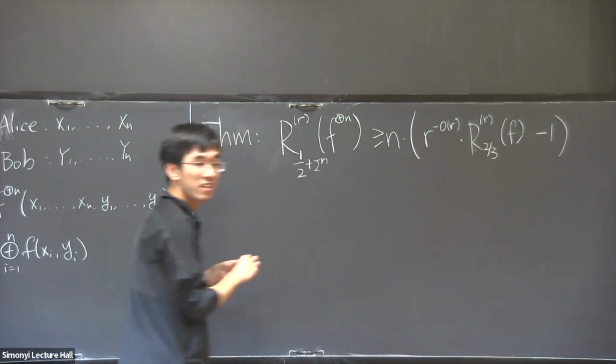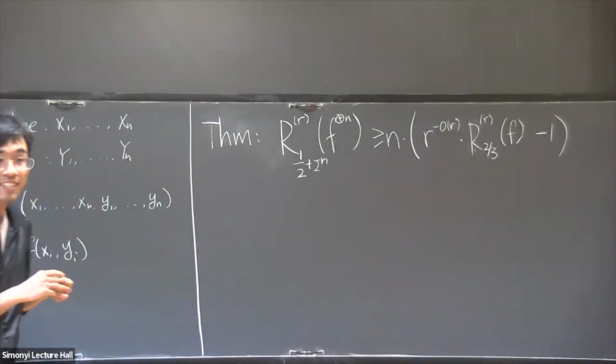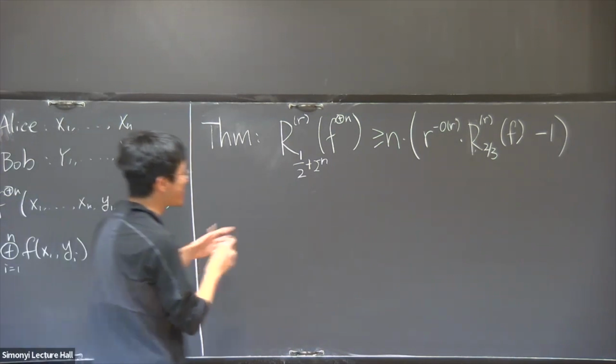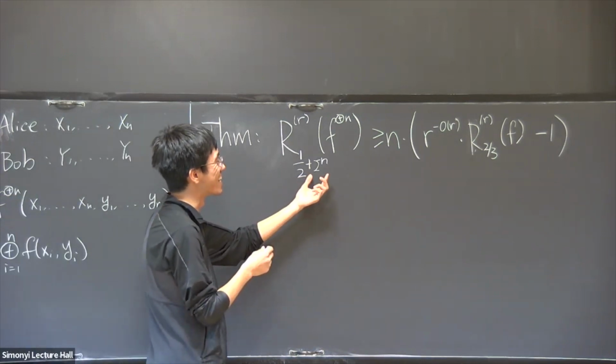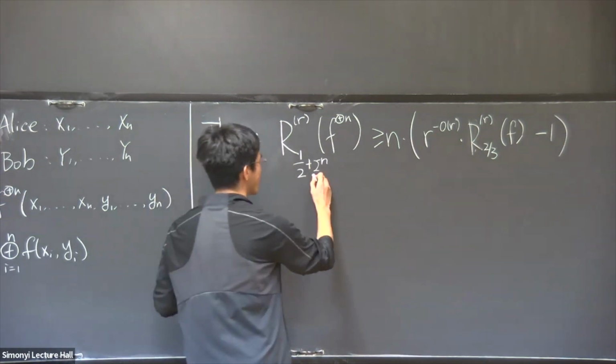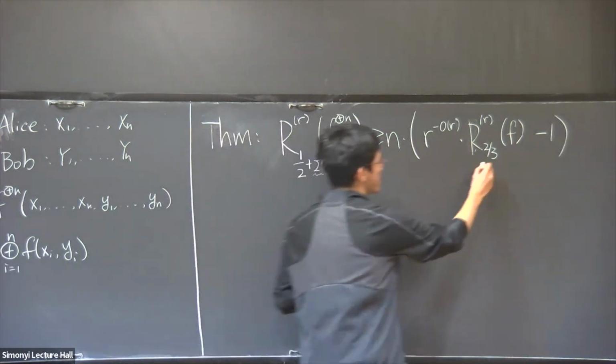It's worth saying, if you didn't pick 2/3... Yeah, I'm about to say that. Here there are two constants that are not actually important in the statement. One is this 2 to the minus n, the other is this 2/3.